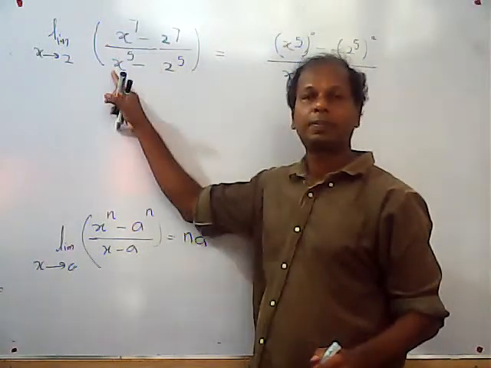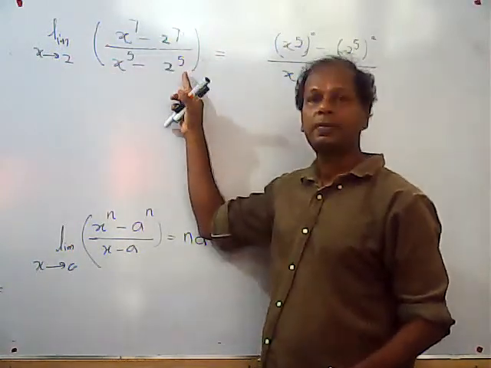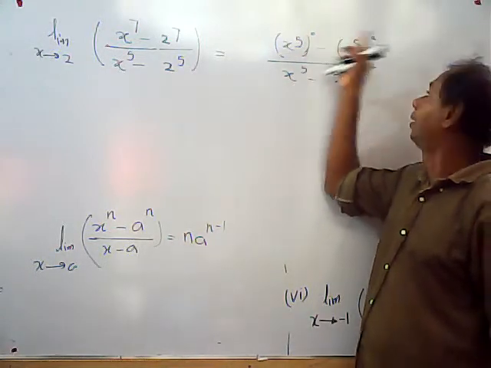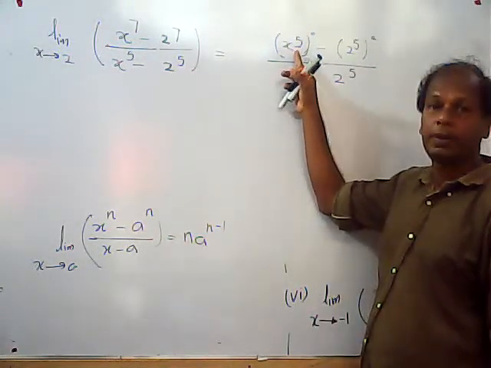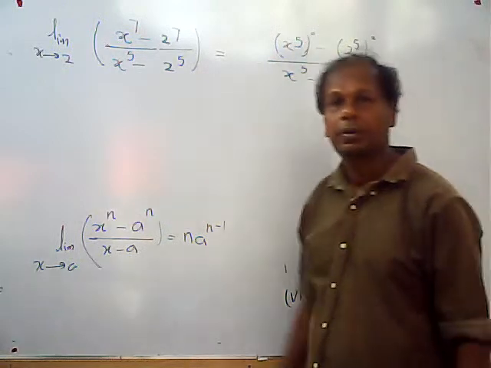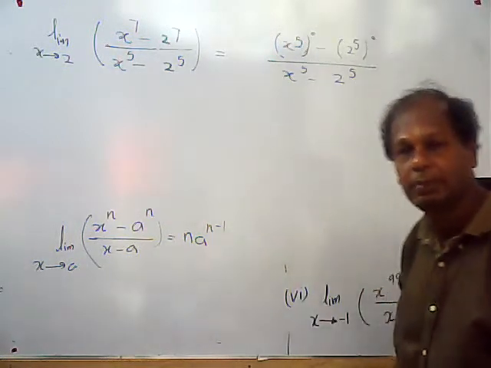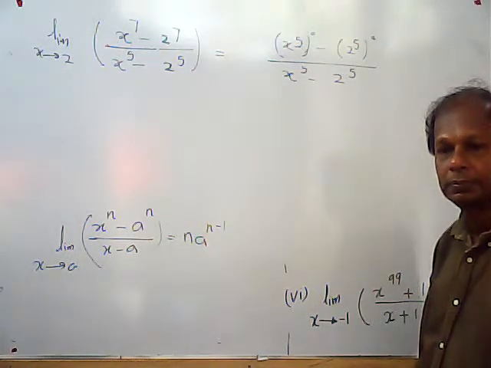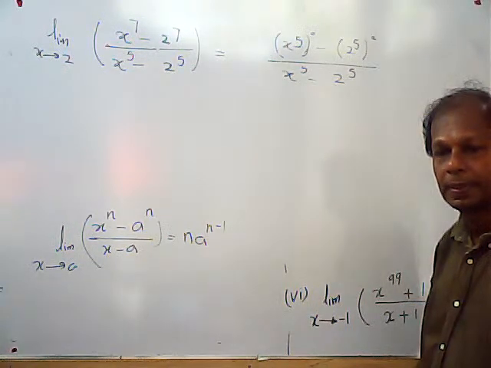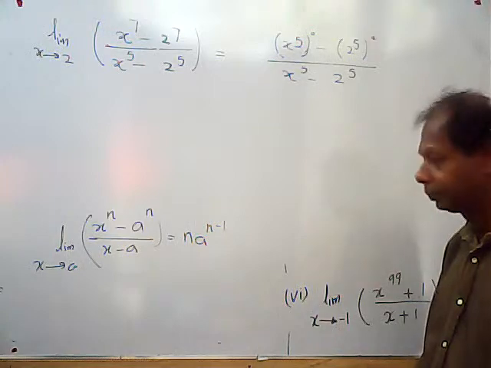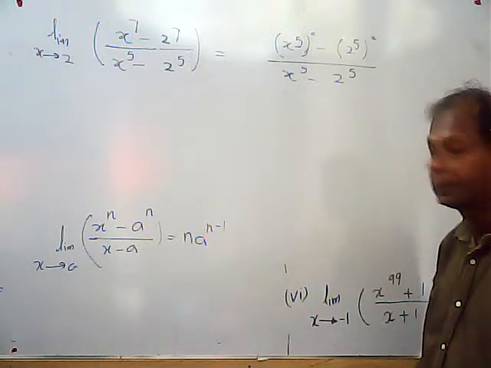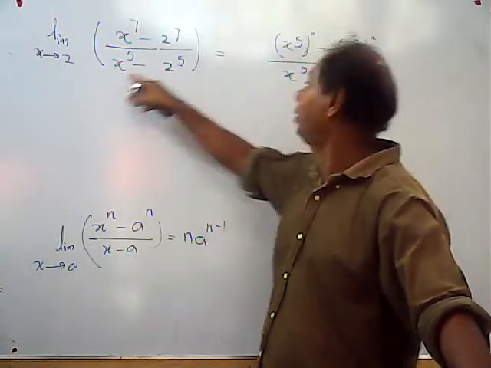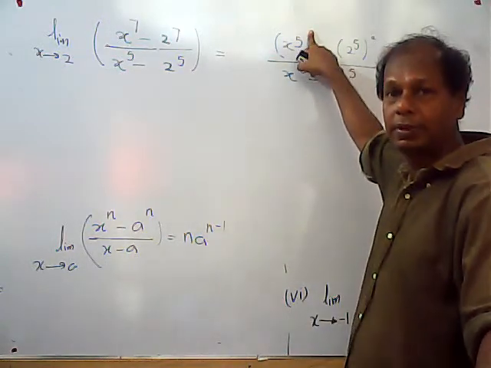This we have to express as the power of this. So what is that power? X to the power 7 as a power of x to the power 5, what is it?